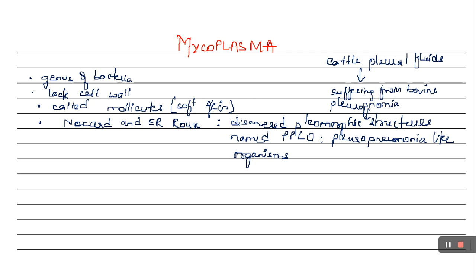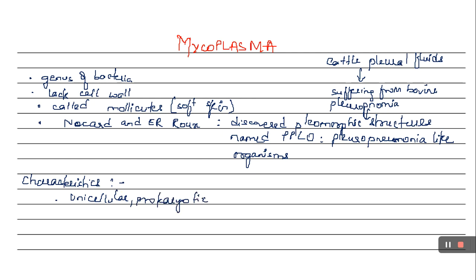So what are the characteristics of mycoplasma? The first thing is they are unicellular. Like bacteria, they are also unicellular. The difference is they do not have a cell wall. They are also prokaryotic, similar to bacteria.